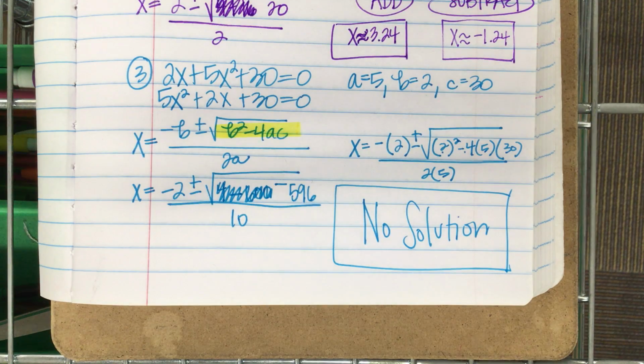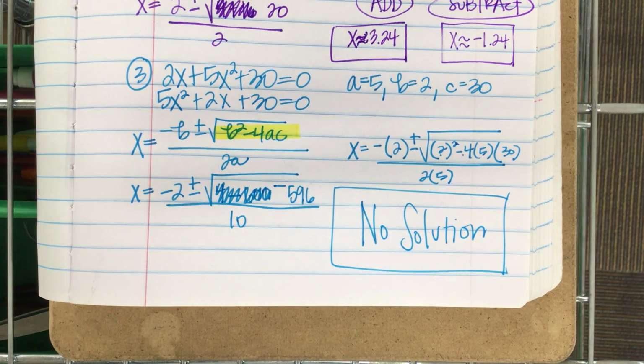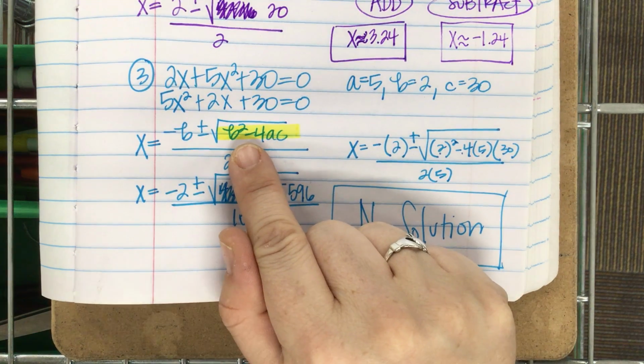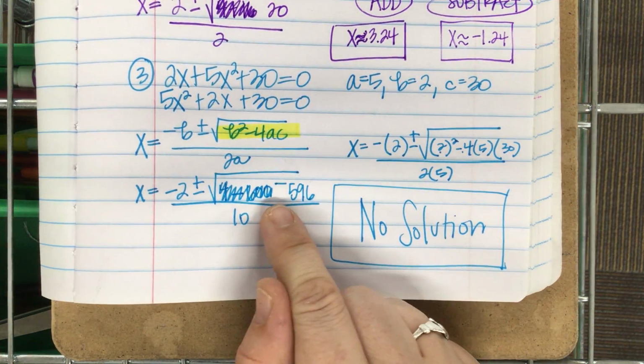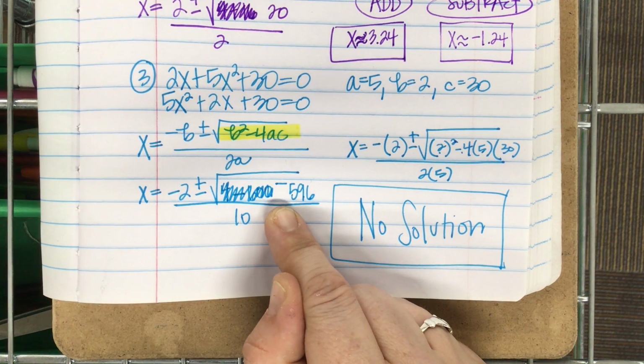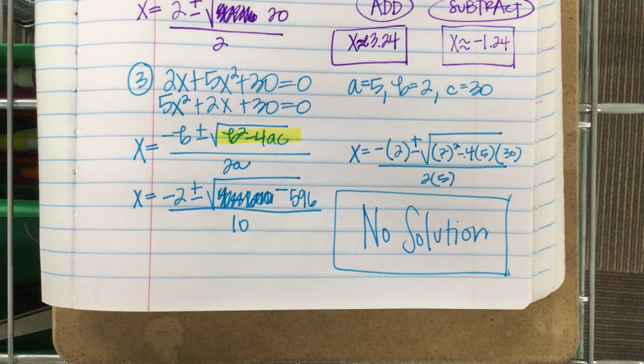Square rooting means the two numbers are exactly the same. So if your discriminant, your b squared minus 4ac, is a negative value, there is no solution.